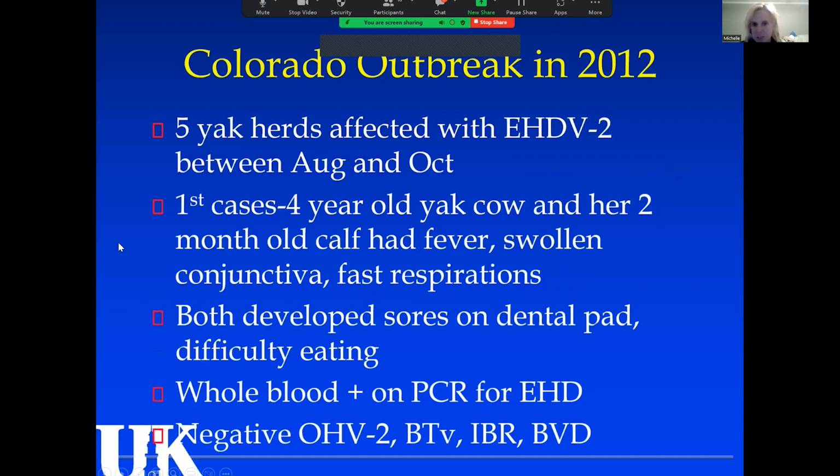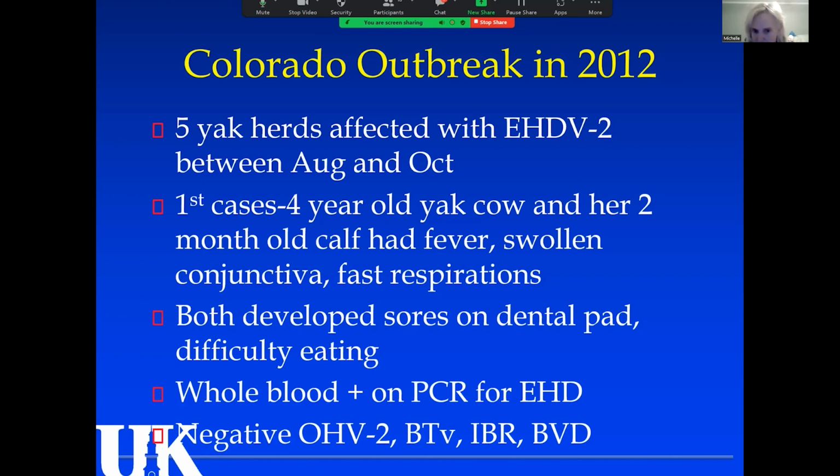So this was an interesting article. There was an outbreak in yaks in Colorado back in 2012. I don't know if anybody was involved in that. There were 5 herds affected with EHD virus 2 between August and October. The first cases in this outbreak were in a 4-year-old yak cow and her 2-month-old calf.